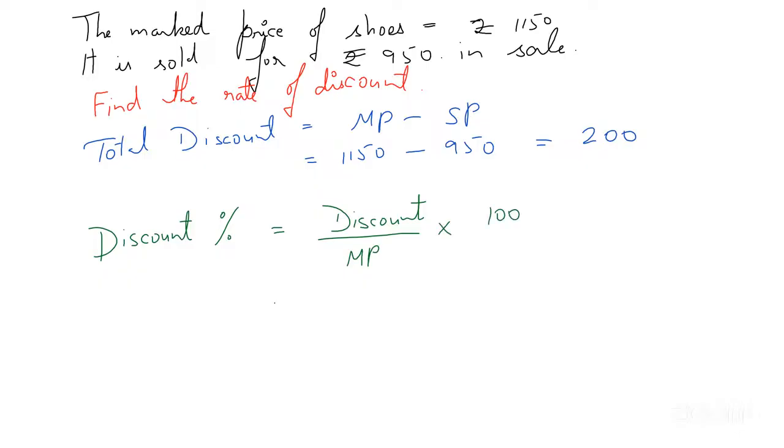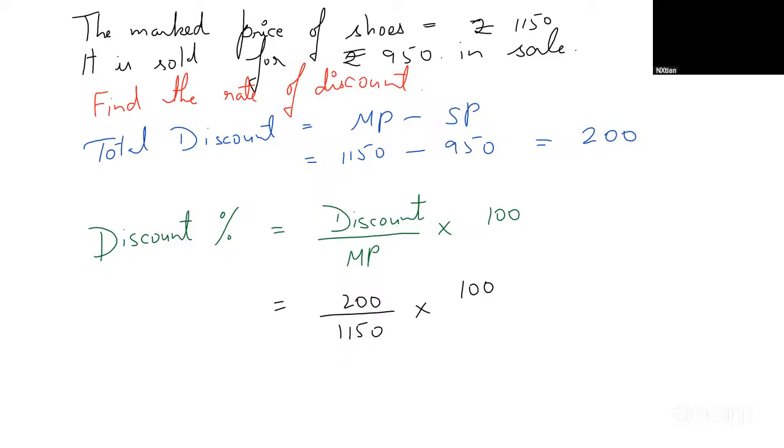Discount is 200, market price 1150, multiplied by 100. Solve this and tell me what the discount percent will be.